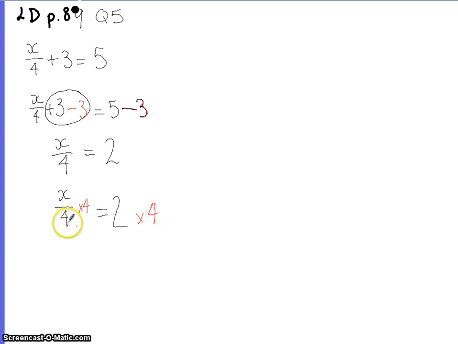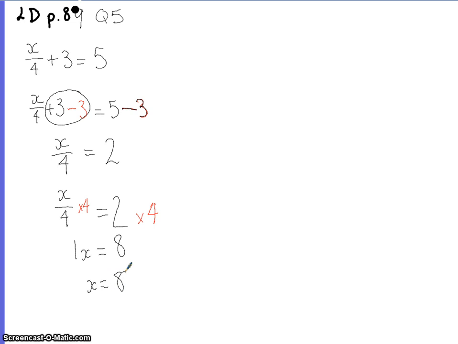What's 4 divided by 4? 1. Okay? So what we're left with is 1x equals, what's 2 times 4? Is equal to 8. x equals 8.